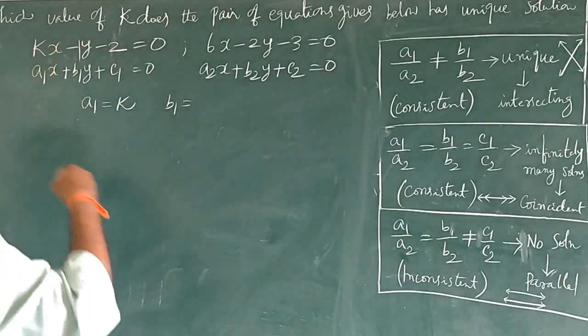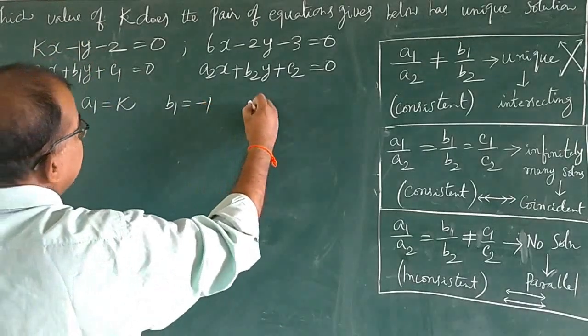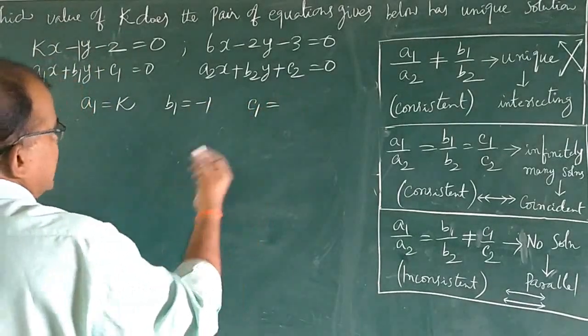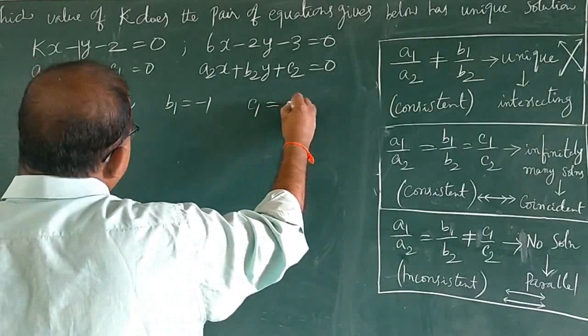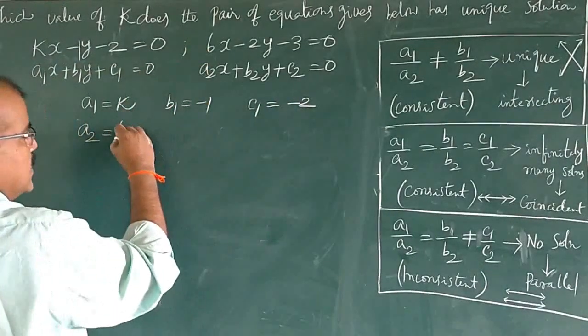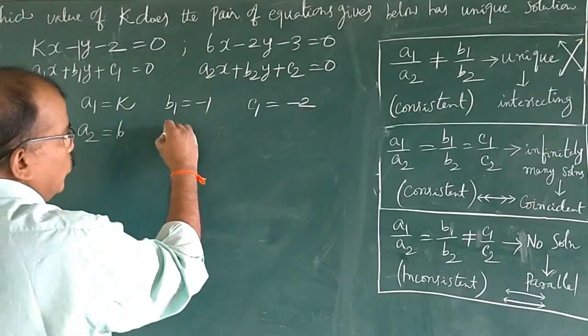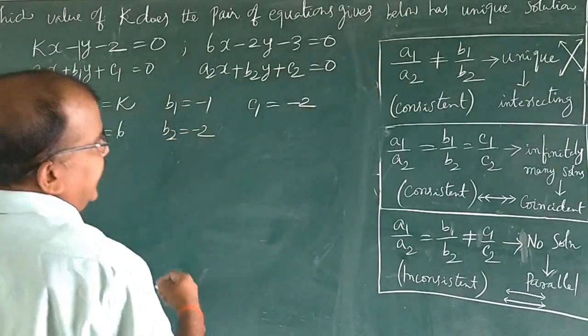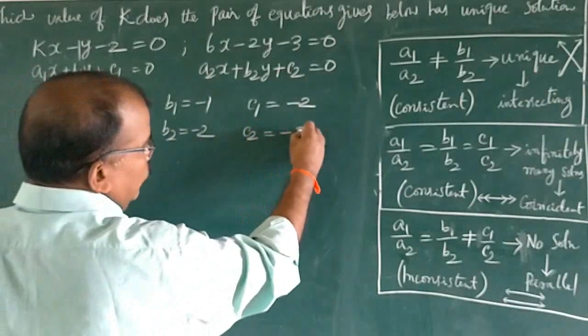Actually, minus y is nothing but minus 1 times y. C1 is not important, but we'll write minus 2. What about A2? A2 is equal to 6. B2 is equal to minus 2. C2 is equal to minus 3.